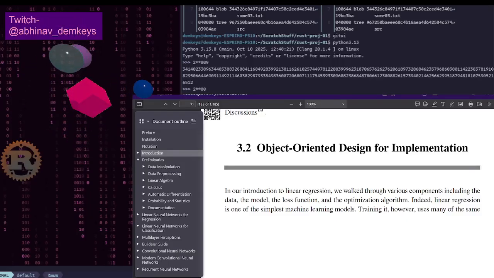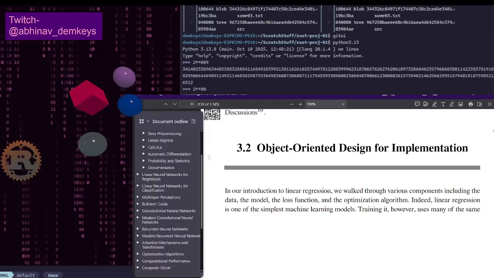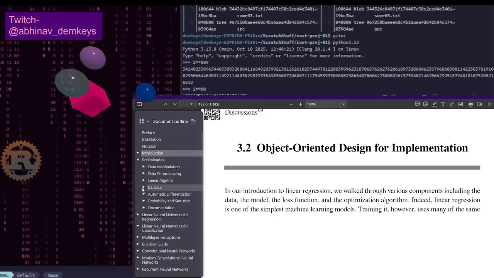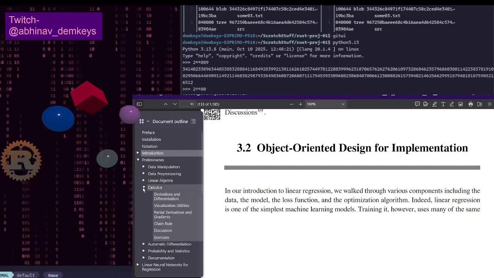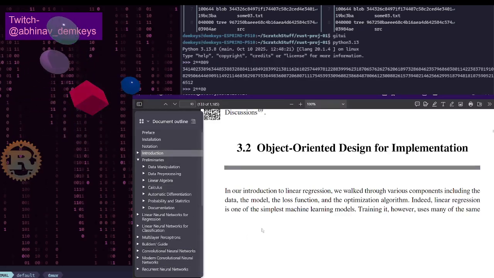I kind of feel like if we start going through this book, the entirety of the introduction, we're going to be done with it really soon, because the stuff that I don't understand only starts at calculus. Calculus is where I need help because I just never got a chance to learn it.